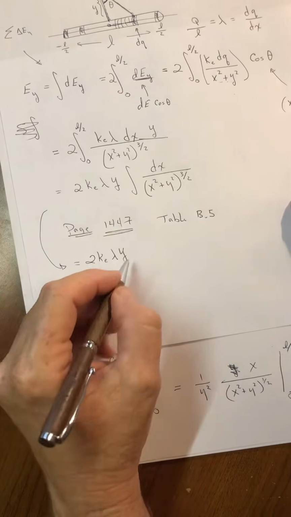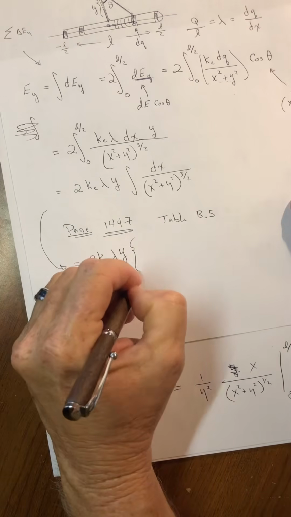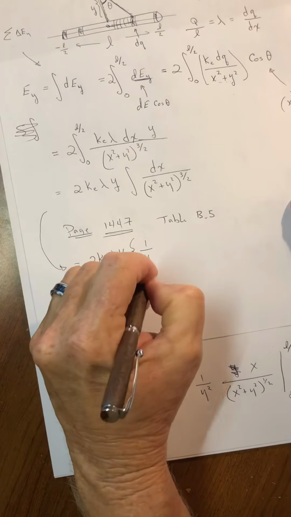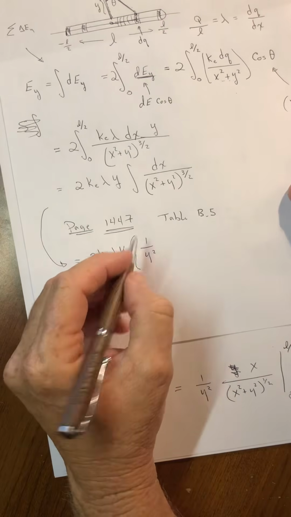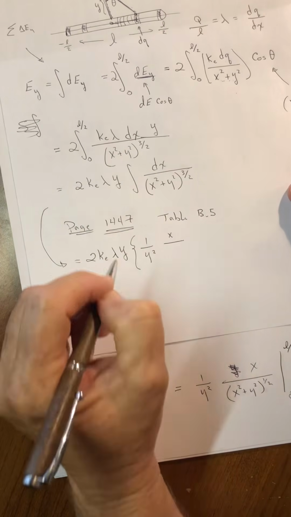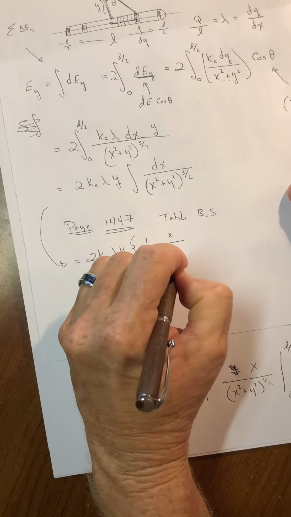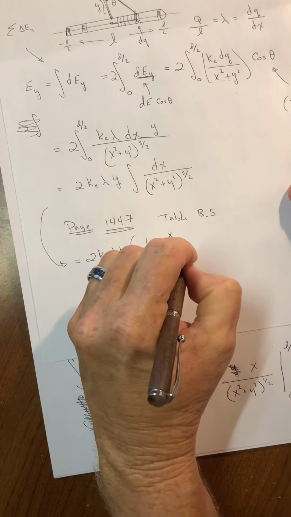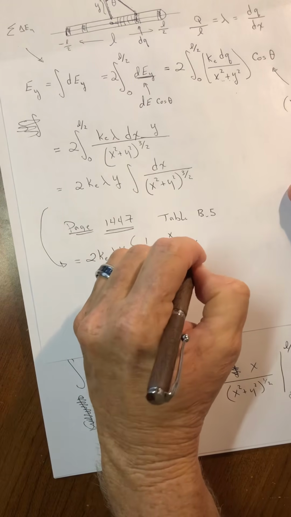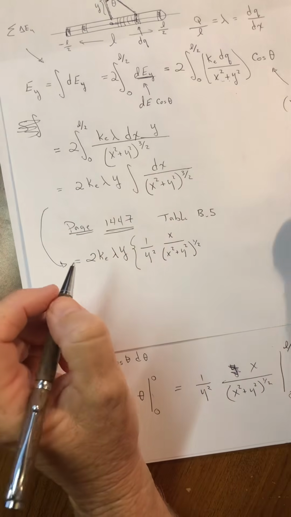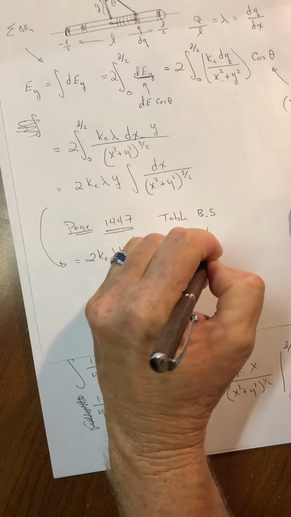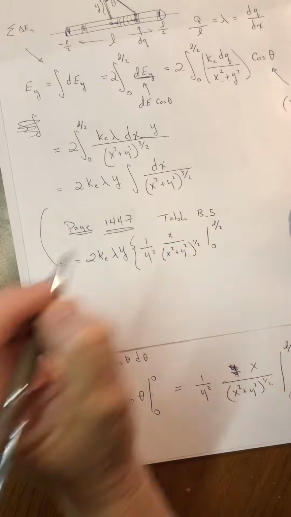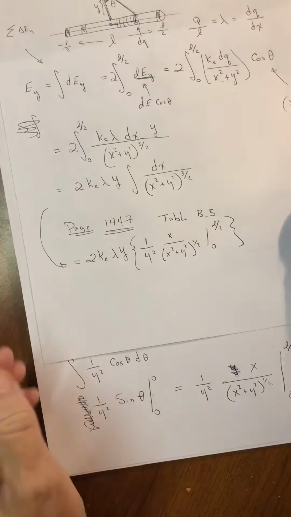And then now I've got this integral, which would be 1 over y squared times x over x squared plus y squared to the 1/2. Again, then evaluated from 0 to L over 2.